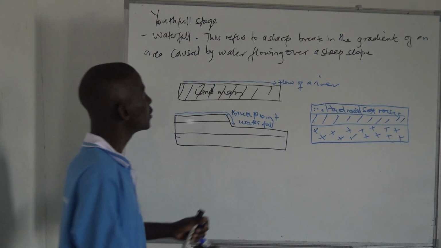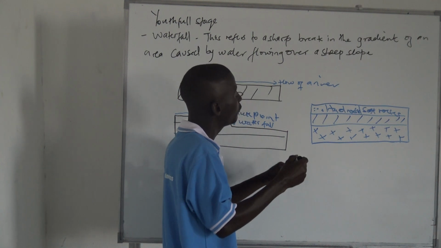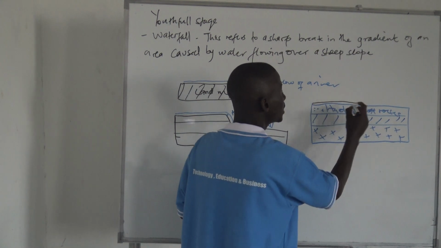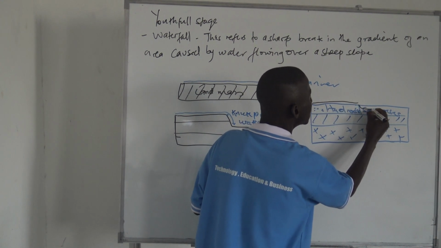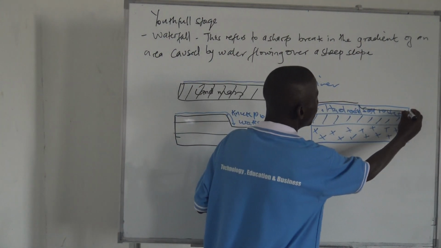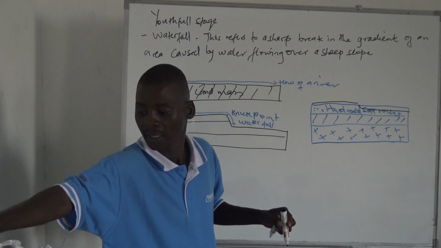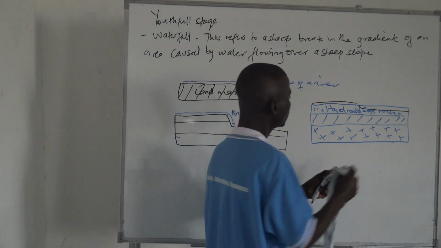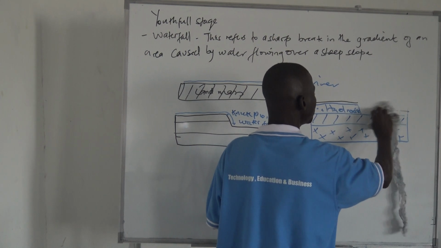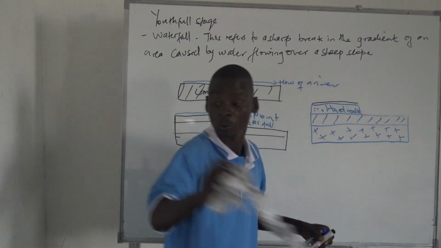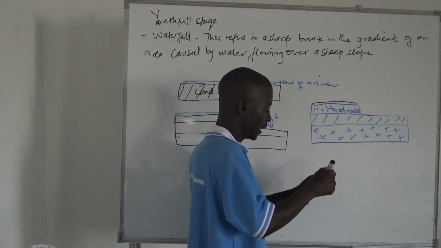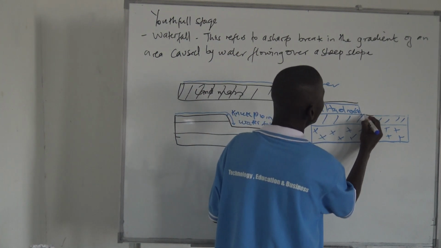Now, because of the flow of the rivers, as the river is flowing, it goes on eroding part of this. It erodes off part of that. Because this is a soft rock, because of erosion, this part is taken away. It may dissolve in water, of course, since it is a soft rock, say, for example, if it is a limestone rock.